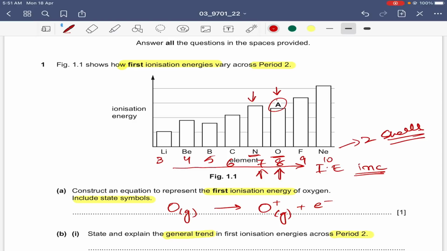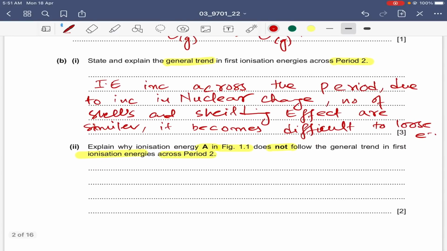The reason behind it is the electron configuration of oxygen and nitrogen. If we write the electron configuration of nitrogen, its atomic number is 7. So its configuration would be 1s2, 2s2, 2p3, and in the p subshell, it has 3 degenerate orbitals, and degenerate orbitals are those which have the same energy but are differently oriented in space.